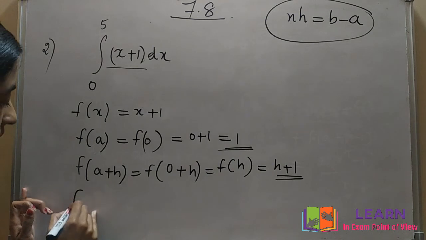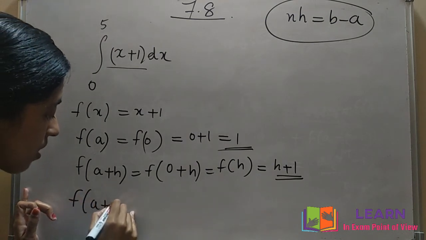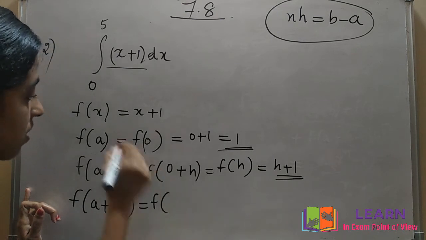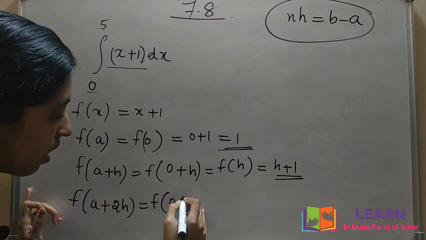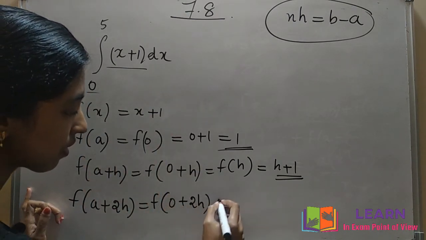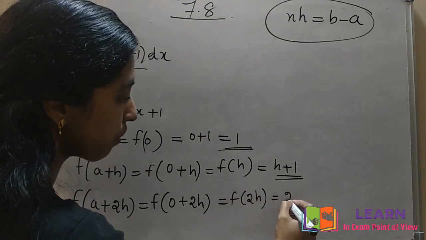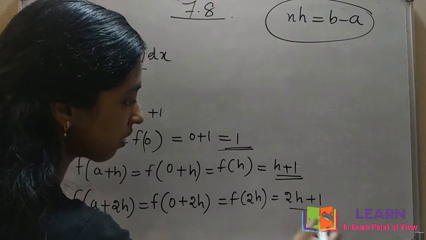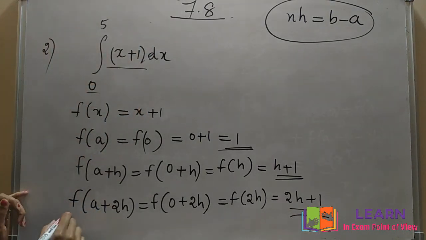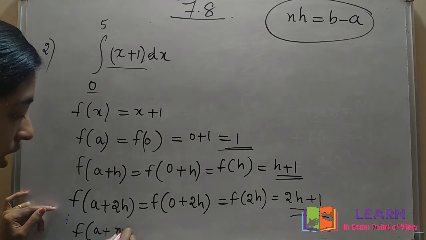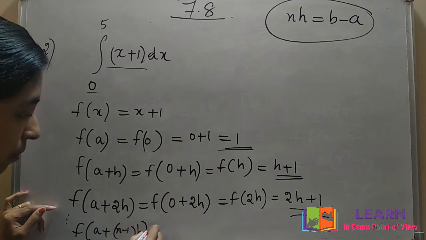Clear? Then next, we have f of a plus 2h. That is f of 0 plus 2h, that is f of 2h. In the place of x, 2h plus 1. Finally, etc., f of a plus n minus 1 into h, the last term, right?